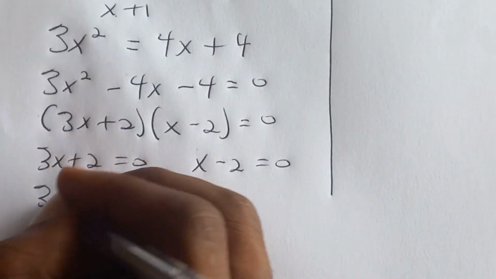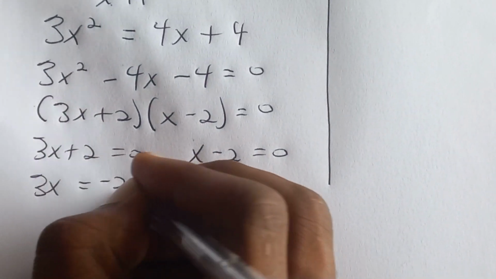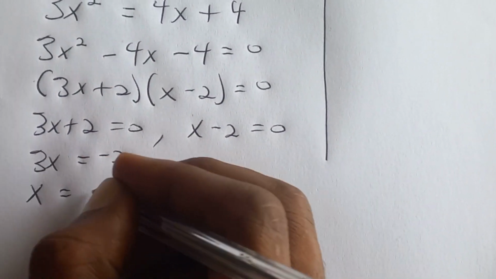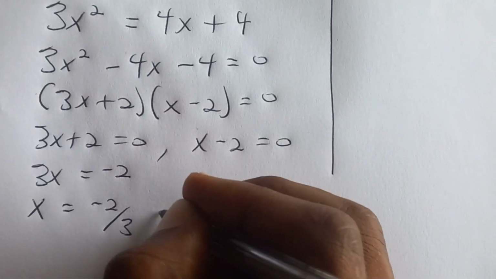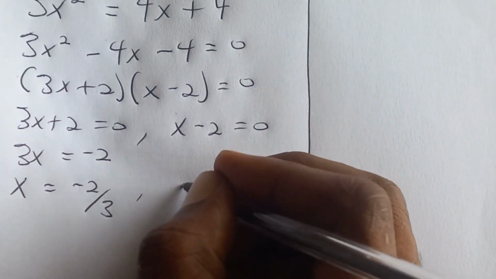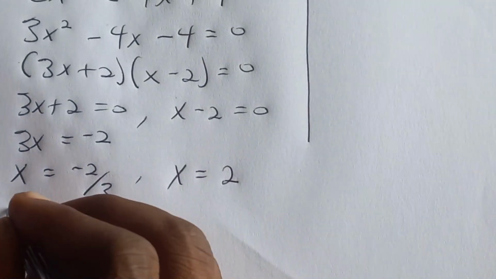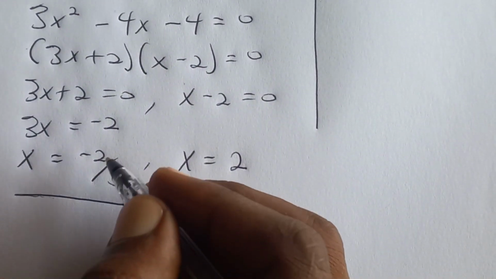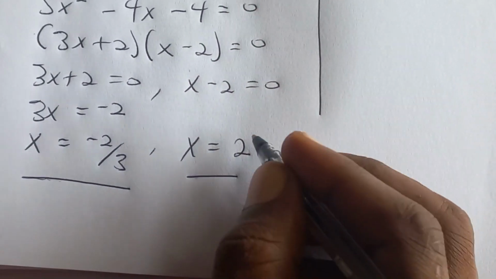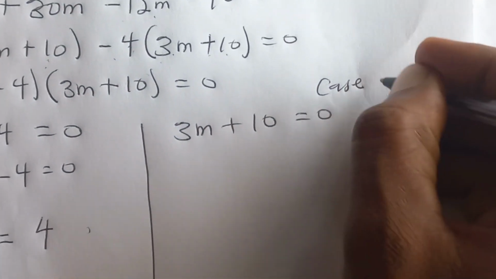So we get 3x, which is equal to negative 2. So x is equal to negative 2 over 3. Then here we get x is equal to 2. Okay, so we are having x is equal to negative 2 over 3, then x is equal to 2 for the first case. Okay, now let's look at the second case.